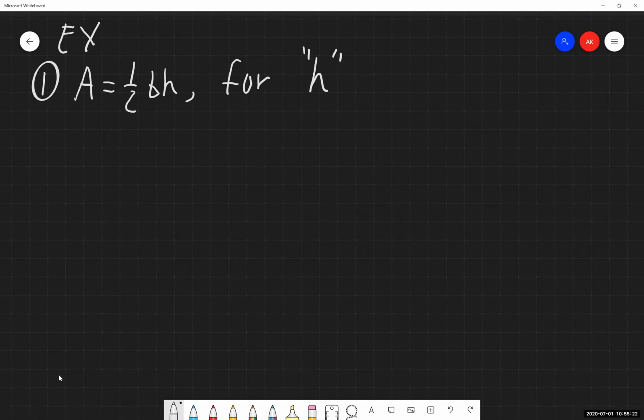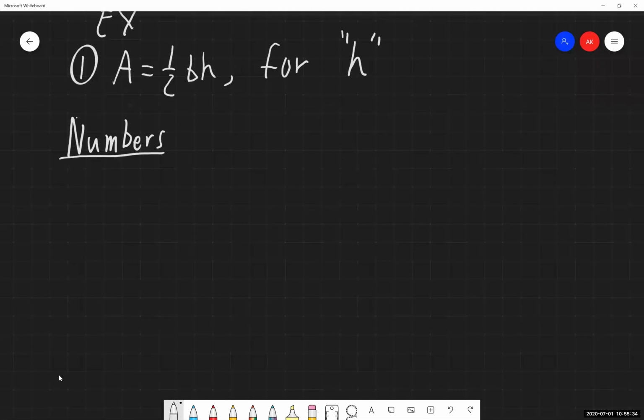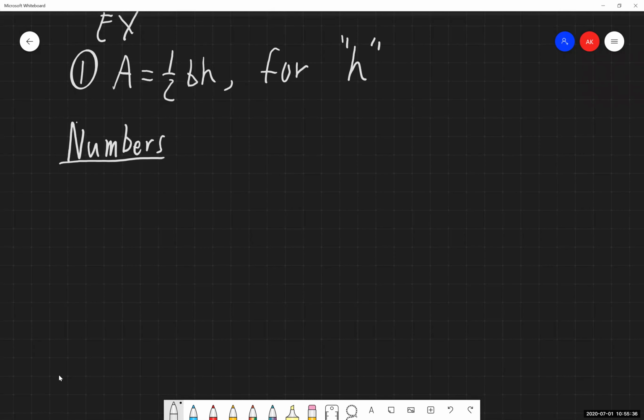So let's work with our first example with numbers first, and then we'll go with the general one. So again, the first part that we had, we were told to solve this equation for H when A is equal to 18 and B is equal to 6. Okay.